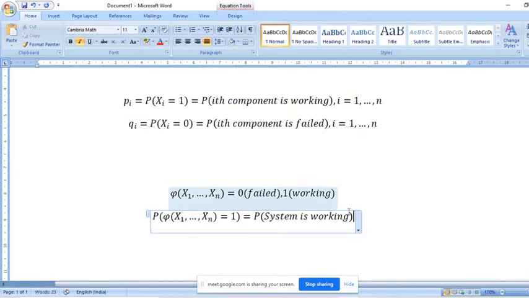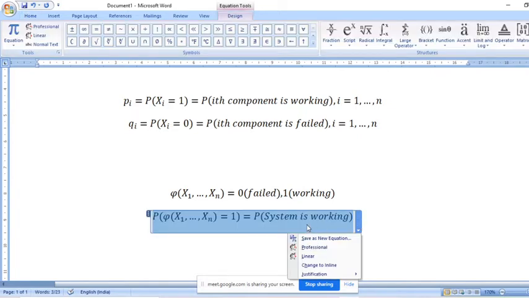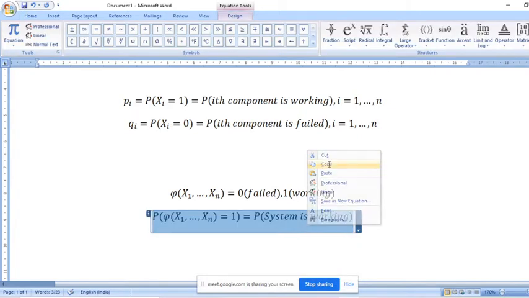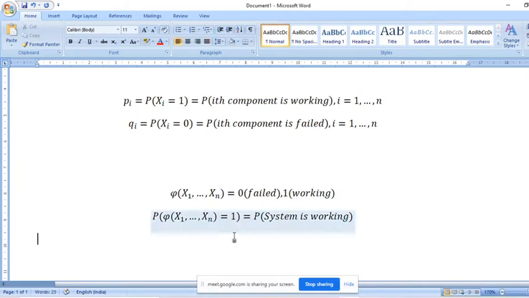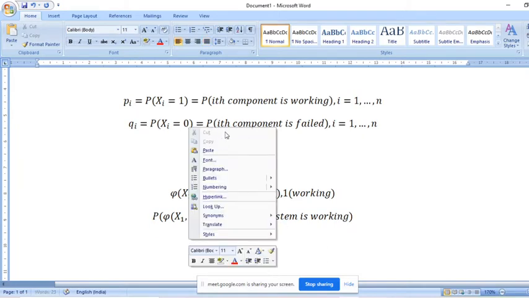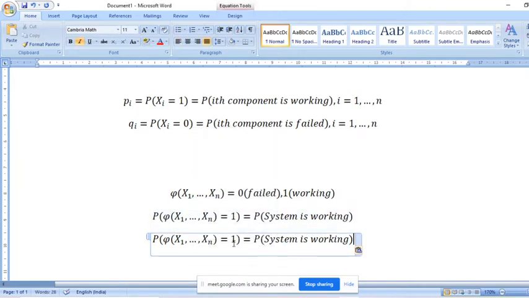Similarly we can accommodate the probability for 0. It will be the probability of phi of x equals 0, that is, the system has failed.